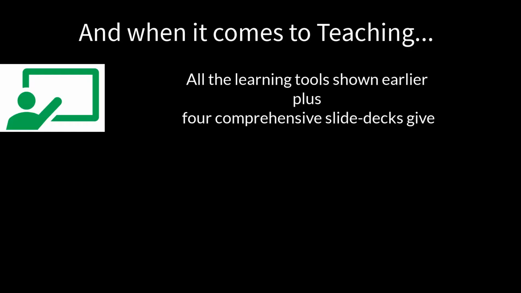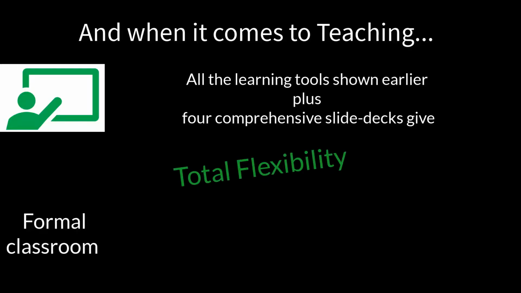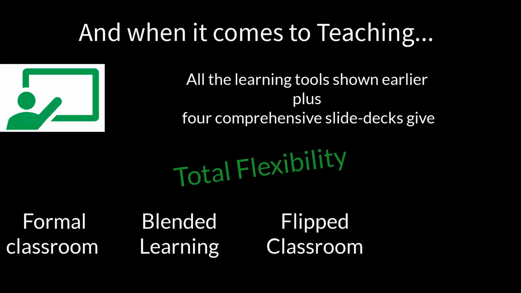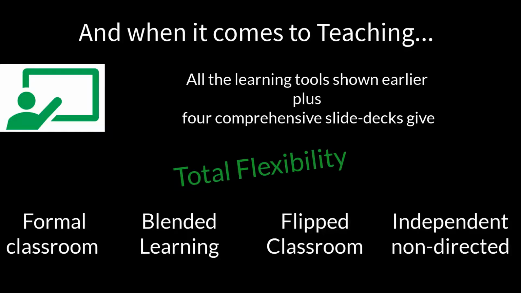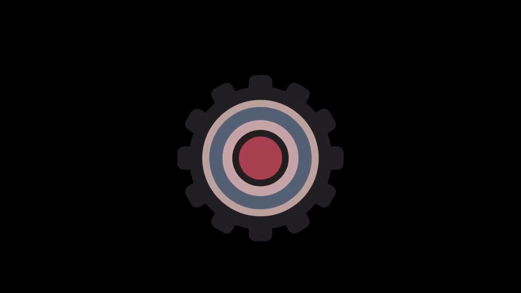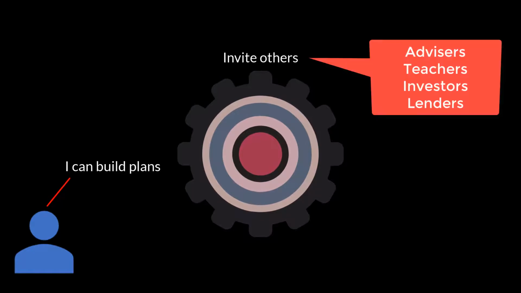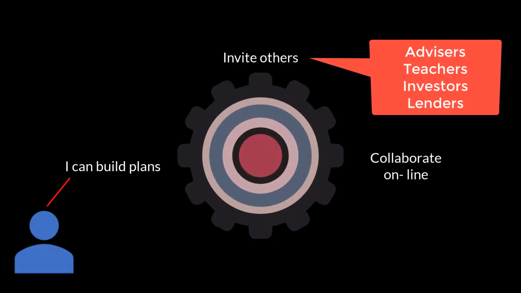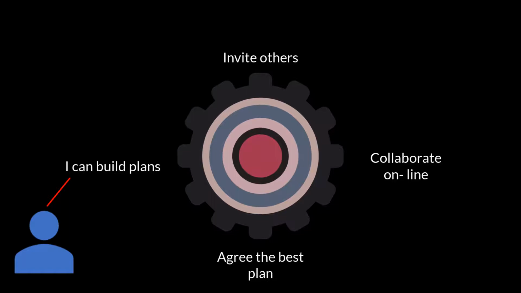And when it comes to teaching, all the learning tools shown earlier, plus 4 comprehensive slide decks, give total flexibility for formal classroom, blended learning, flipped classroom, and independent non-directed learning. And because it's free and online, DoLearnFinance provides a whole new, seamless way to share and collaborate on financial projections.